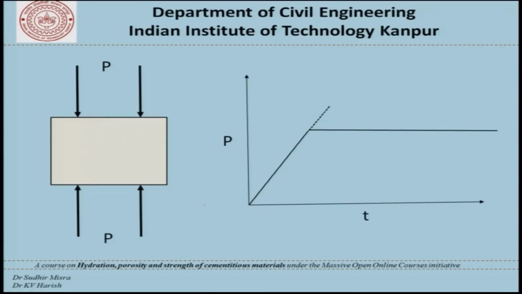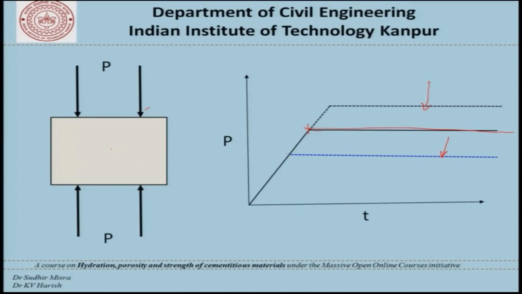Now if we look at a situation where this applied load is taken to a certain level and then maintained at that level, or for that matter the load is maintained at this level which is slightly lower than this level, or it is maintained at a level higher than this level, then what is the expected response of this material in terms of the strain?